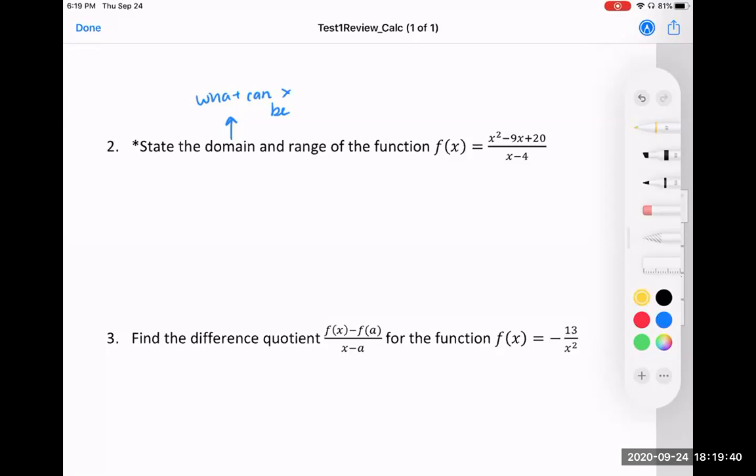So we have x minus 4. We're going to set x minus 4 equal to 0. We solve for x, so we add 4 to both sides, and I get x equals 4. So our domain is all numbers except 4.